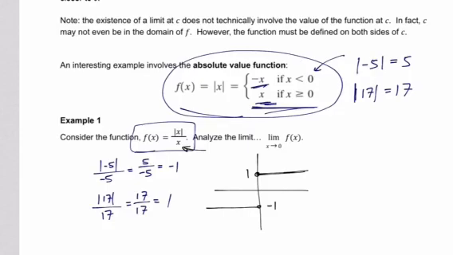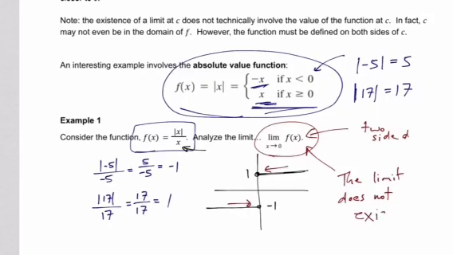And what does this mean for our limit? Well, this limit by default is a two-sided limit. So I need to think about both sides as I approach 0 from the right and as I approach 0 from the left. And because the two sides disagree, we say the limit does not exist.